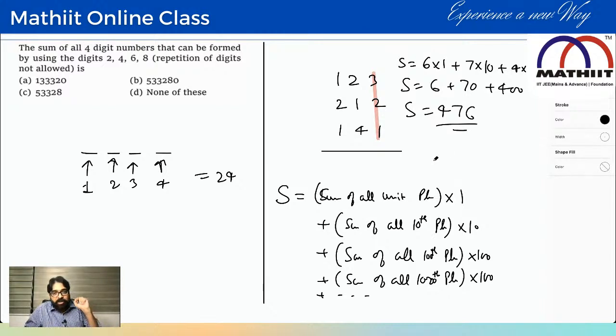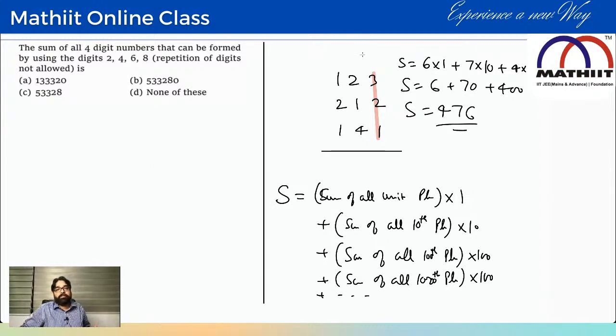Whenever you have to find the sum of all the numbers, always try to find what is the sum of the unit place, what is the sum of the 10th place, what is the sum of the 100 place, what is the sum of the 1000 place. Think carefully in this case. Just forget this question and answer me one simple question.